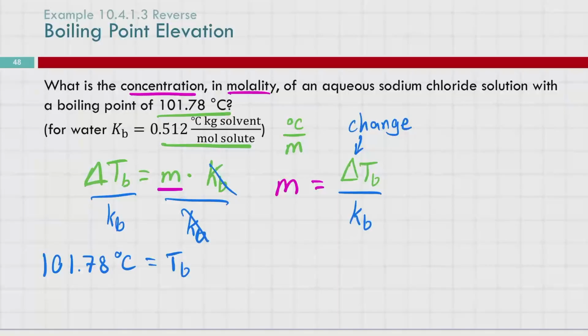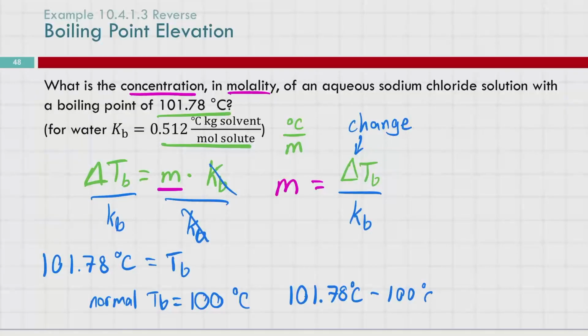What's the normal boiling point of water in degrees Celsius? It's 100. So how much did our boiling point change? It is 101.78, because that's our new one, minus our old one, 100 degrees Celsius.